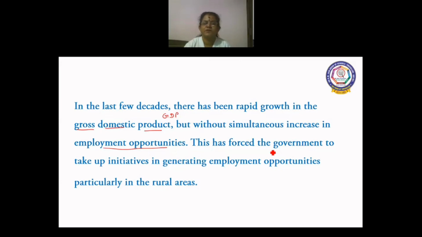This has forced the government to take up initiatives in generating employment opportunities, particularly in the rural areas. In rural areas, people suffer without being employed. Since this is the problem, the government is taking initiatives to generate employment opportunities in rural areas.